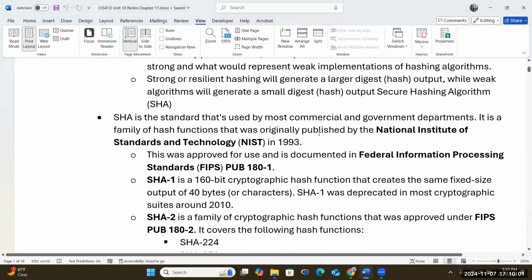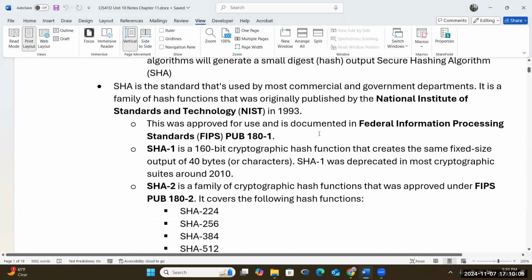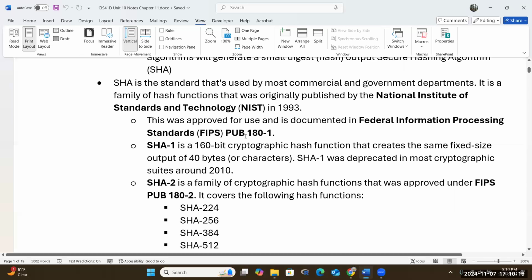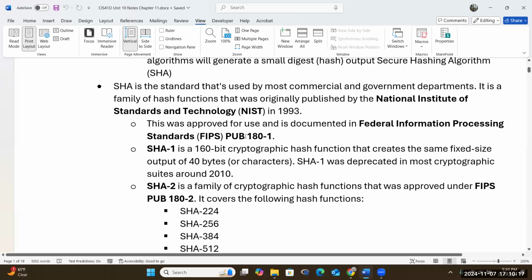Okay, so let's touch on some of the types of hashes. We have SHA, and there's version 1, 2, and then with the key length. This is the standard that was provided by NIST in 1993. And SHA-1, when it came out, and it's still being used, right?